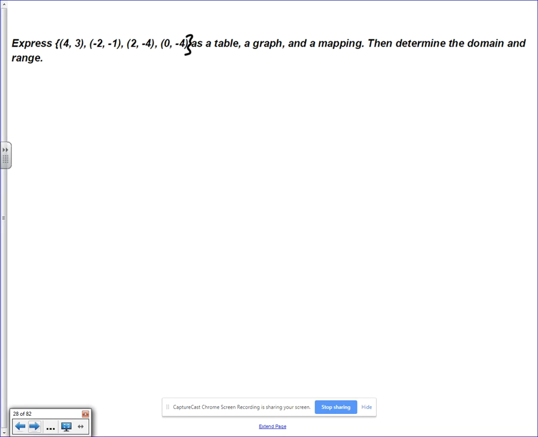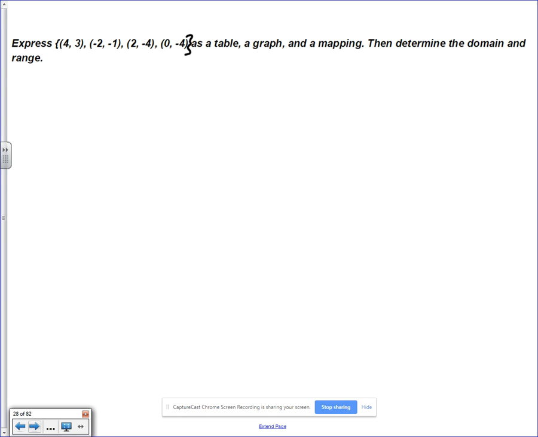So can you put that ampersand at the end of that to close the set for me? Okay, so I got a lot of stuff going on in this problem. It says I need to express this relation right here as a table, as a graph, as a mapping. So right there, there's three things right off the bat. And then I have to do domain and range.